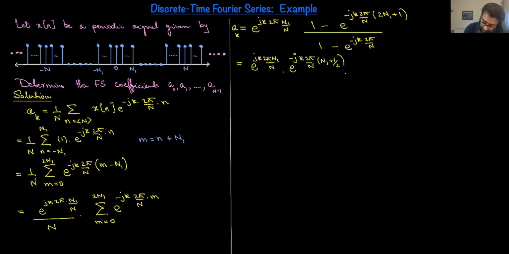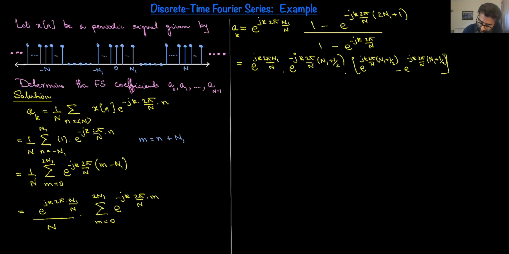And therefore, what I have on the inside is e raised to the power plus j k 2 pi by N times n1 plus half, minus e raised to the power minus j k 2 pi by N times n1 plus half. And you'd see we're getting to an equation which looks like a sine.